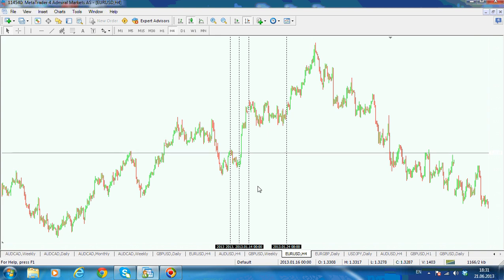So under this chapter, or under this subchapter, I will have different examples of the principle of alternation on different pairs. They are all referring to the alternation between the fourth and the second wave, but the idea is to show you as many examples as possible in order for you to understand what I mean and how this principle can help you in trading.